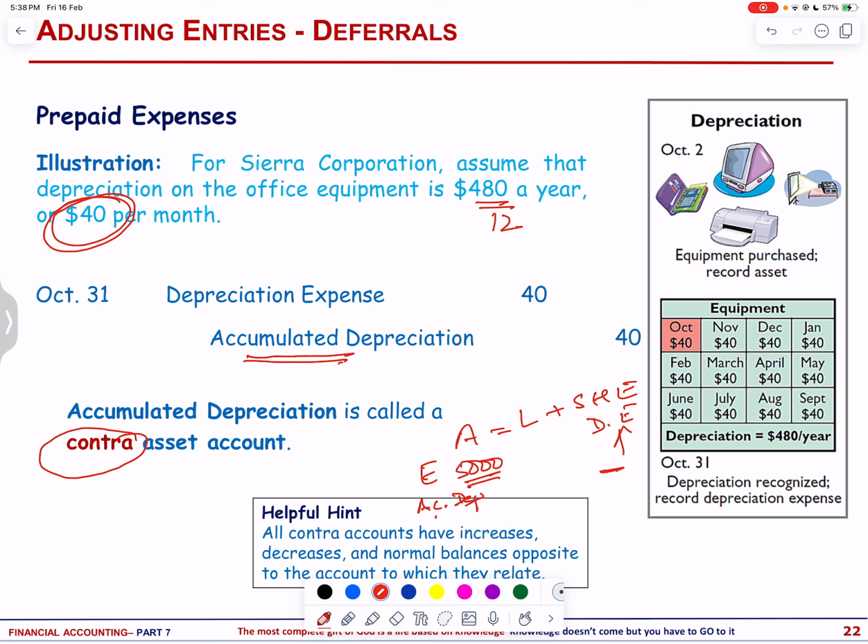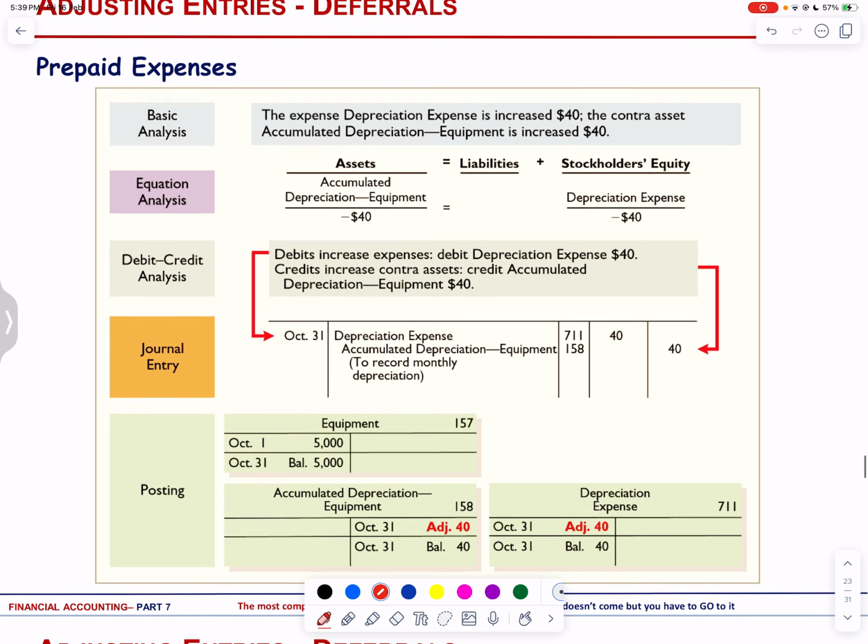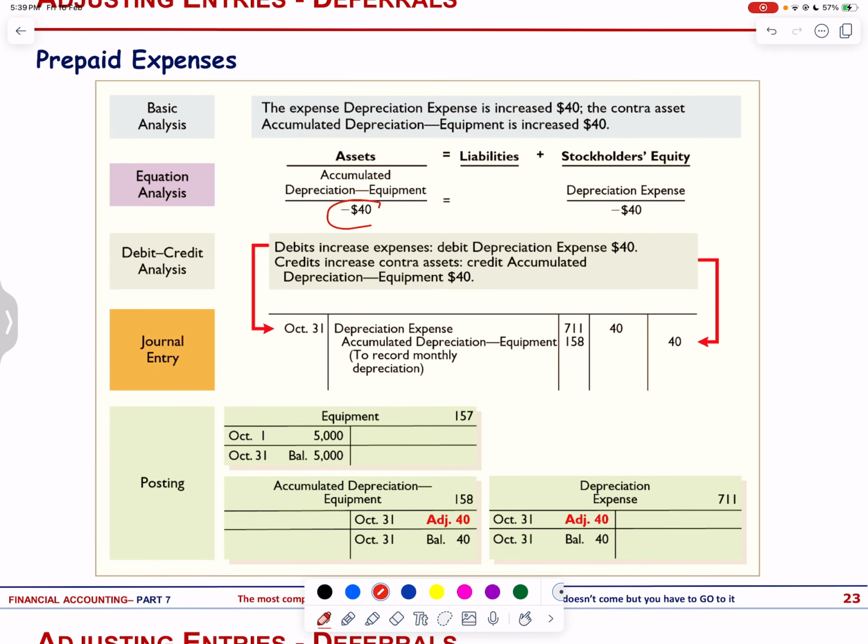This is a contra entry and this will reduce the asset by 40. So this is how you see accumulated depreciation is decreasing the asset, and depreciation expense is decreasing the stockholder equity. Decrease in stockholder equity is debit, and decrease in asset is credit. So depreciation expense is debit and accumulated depreciation equipment is credit.